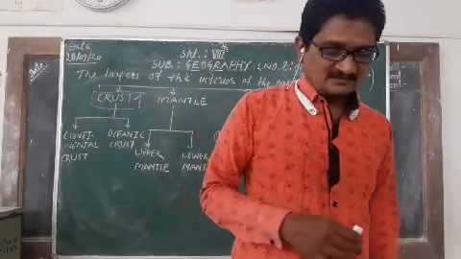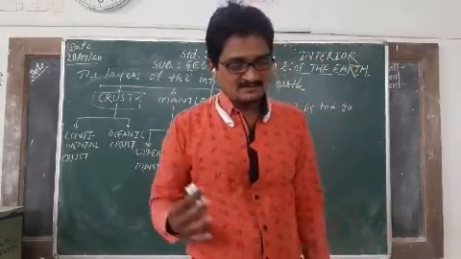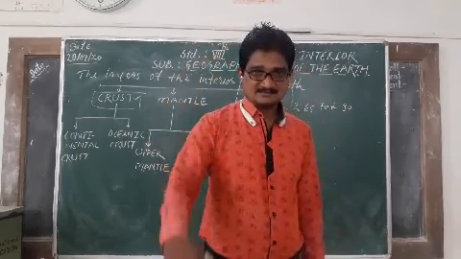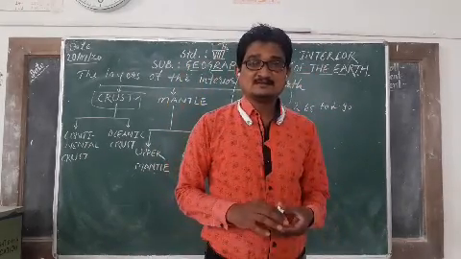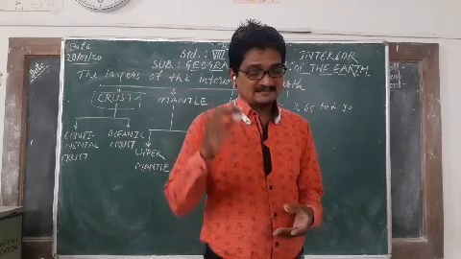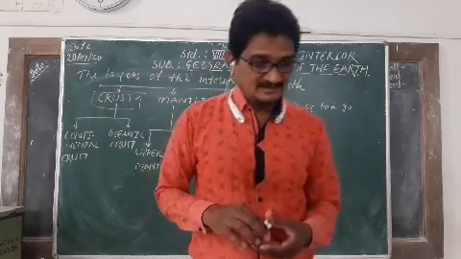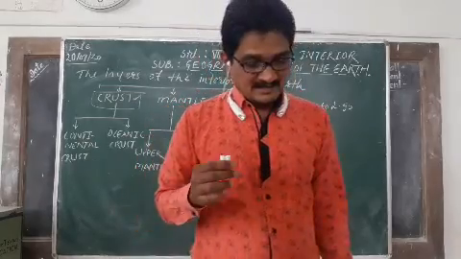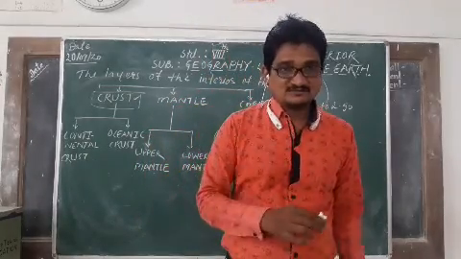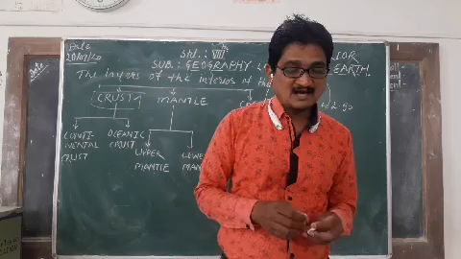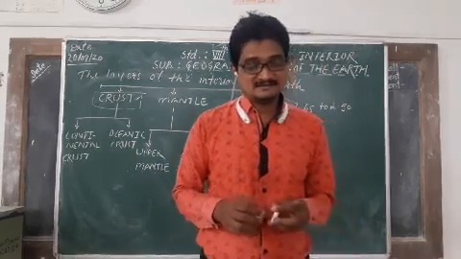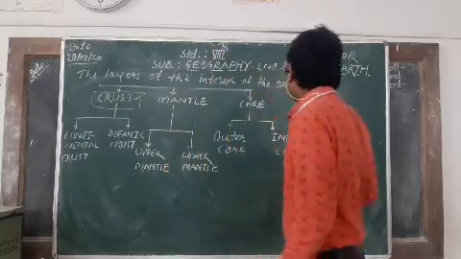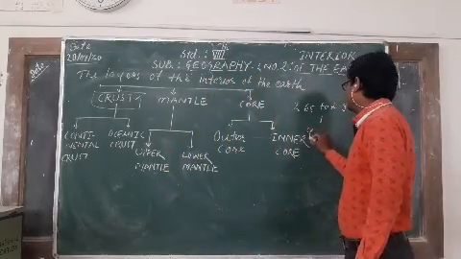The thickness of this layer is approximately 30 kilometers. The thickness, the distance towards the earth center, is near about 30 kilometers. And granite rocks are mainly found in these layers. Granite rocks mainly found in continental crust.